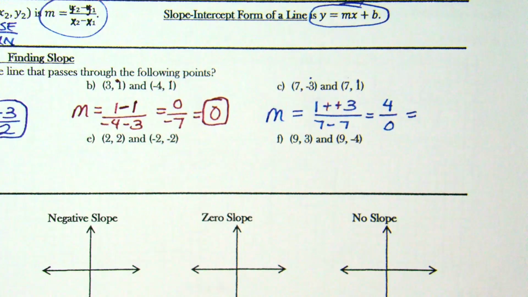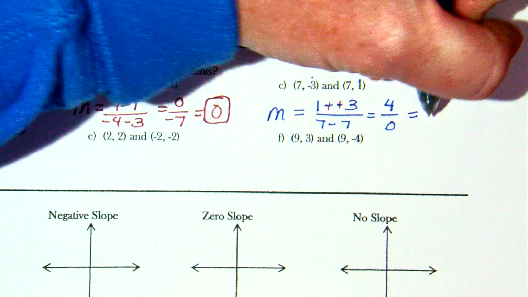Undefined is one option. The other option is just to say no slope. Don't confuse that with no solution, though. Okay? So I'm going to write undefined here. Or you could put no slope.